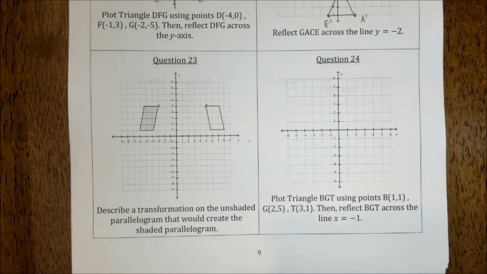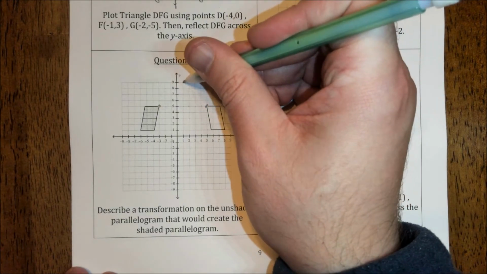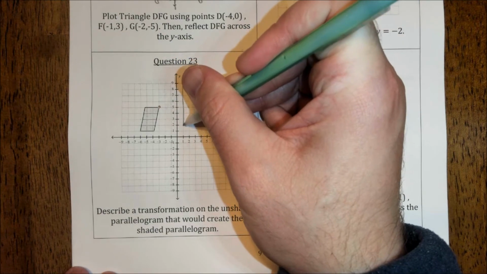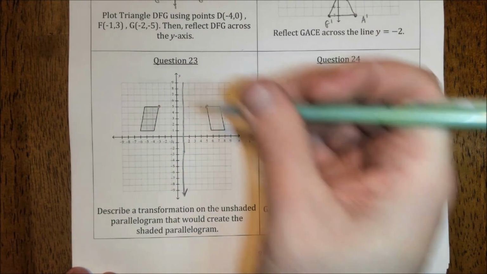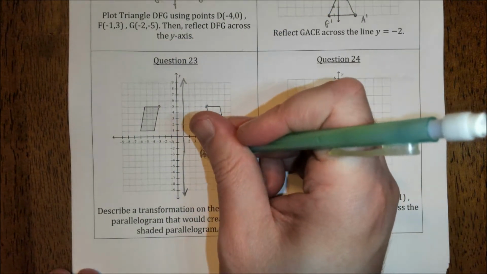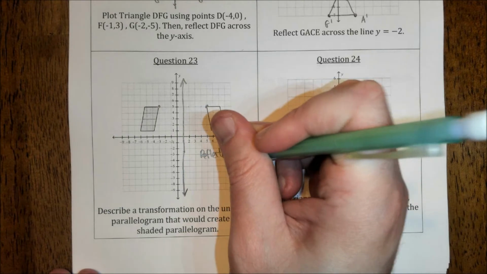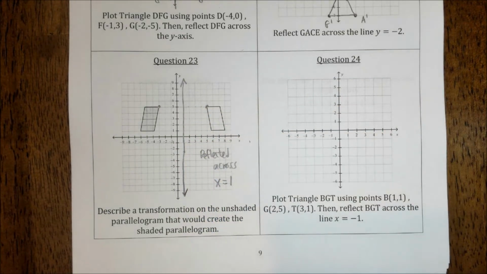If those points are 8 away, then the mirror must be halfway between them, which is 4 away. 1, 2, 3, 4. The line of reflection is this line right here. This line that I just drew hits the x-axis at 1. So we need to say that it reflected across x equals 1.